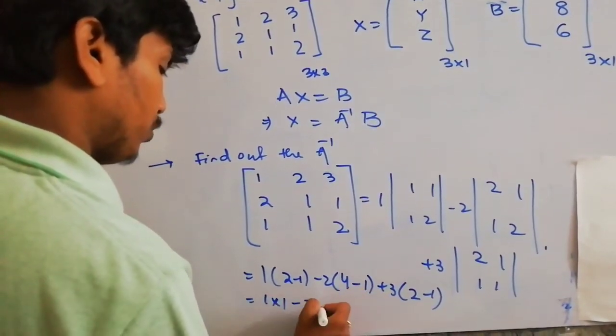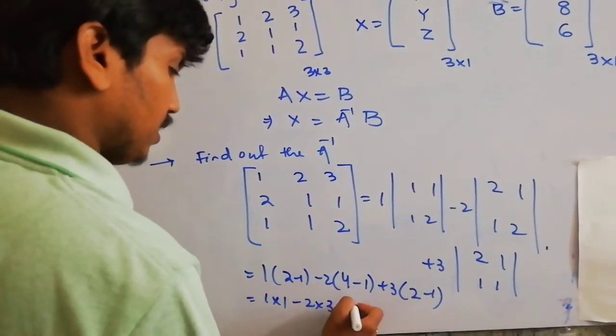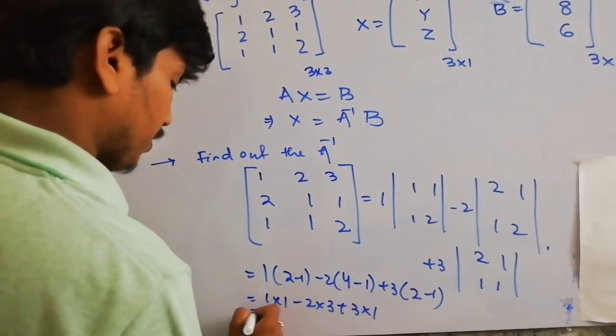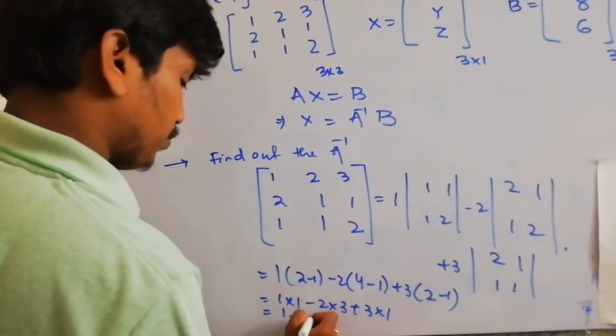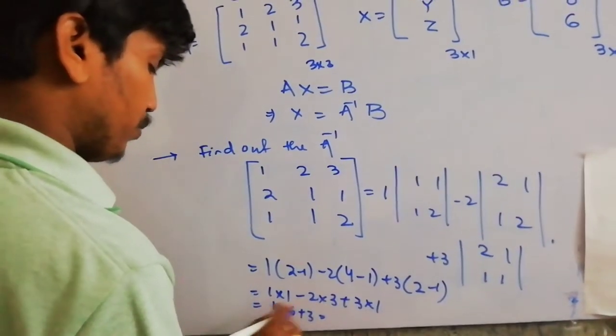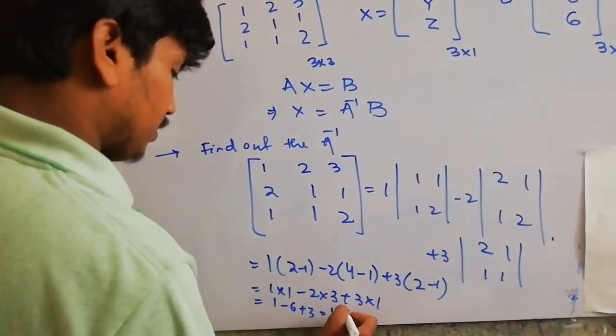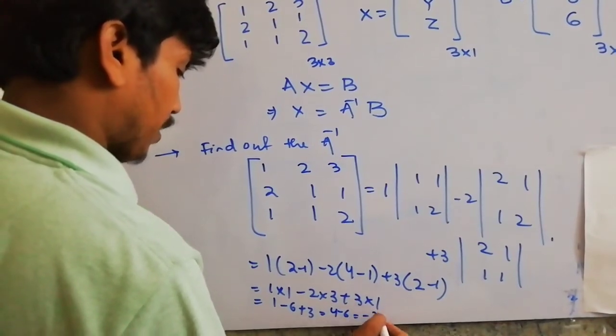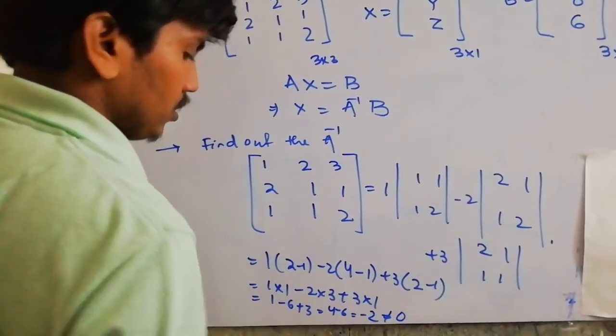That means 1 into (1 minus 2), minus 2 into (2 minus 1), plus 3 into (4 minus 1). That is minus 1 minus 2 plus 9, which is equal to... 1 into minus 1, minus 2 into 1 plus 3 into 3, that means minus 1 minus 2 plus 9 is 6. Not equal to 0.